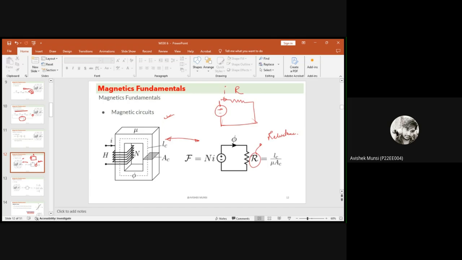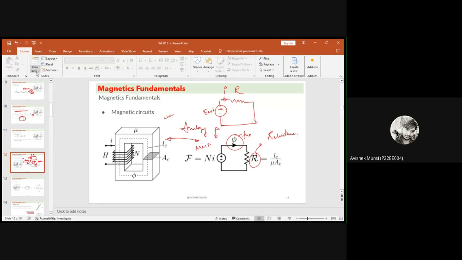Here we have current, here we have flux; here we have EMF, and here we have MMF. So this is the analogy between electrical and magnetic circuits. So what is basically reluctance? You have to understand this.